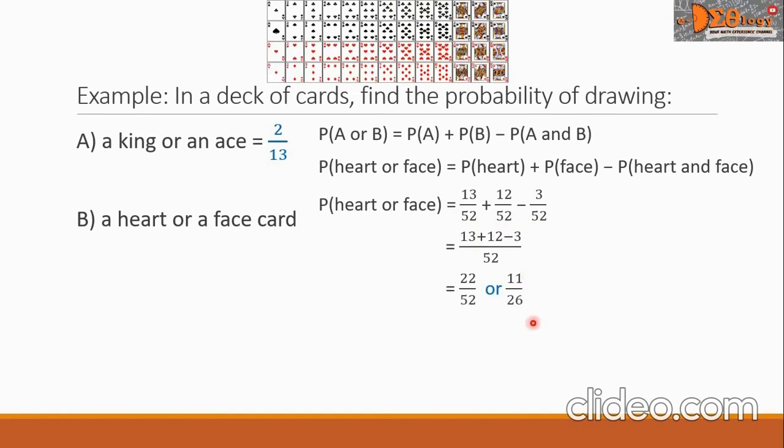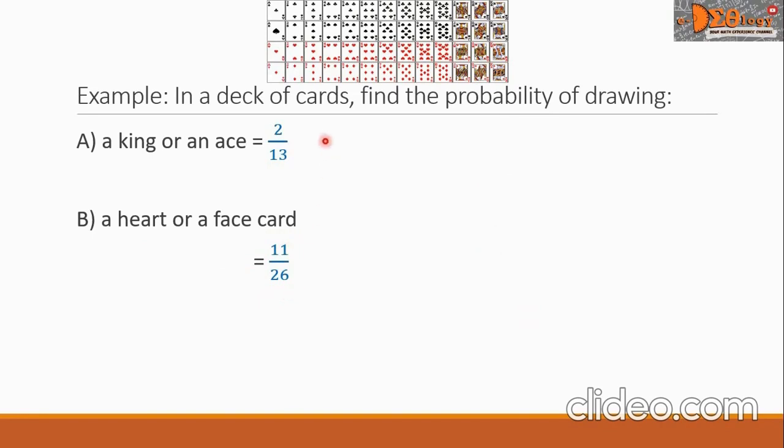And this value is our probability of drawing a heart or a face card. And we put our answer below problem B. We are done with our example here. This is our final answer.